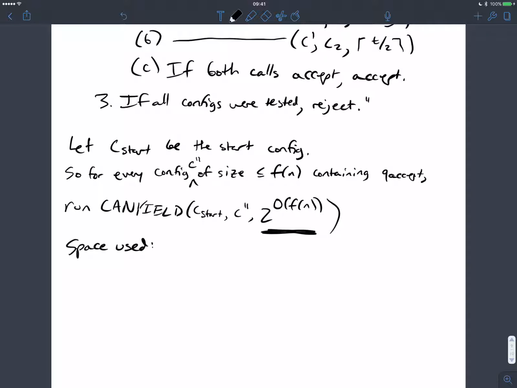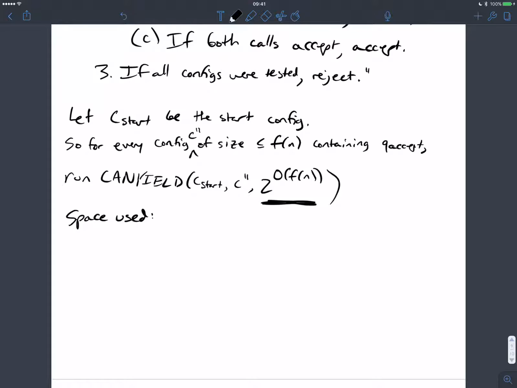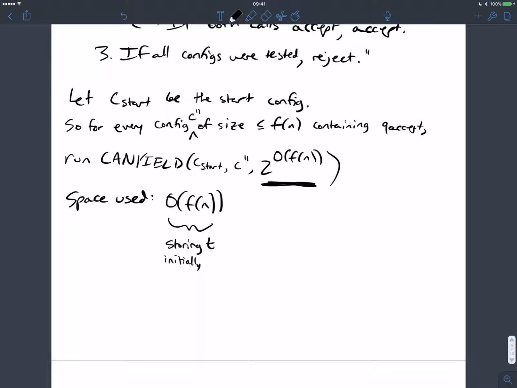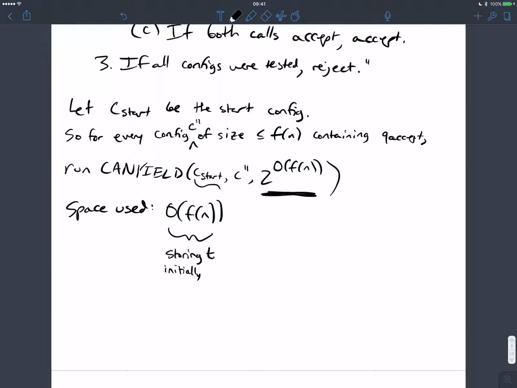So this is for storing t initially. Well, storing the original two configurations, the start and the ending configuration, takes f of n space for each at most. So therefore, I can just swallow them up in the O notation.